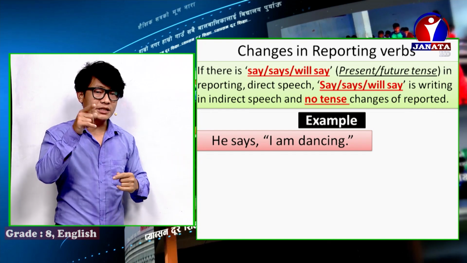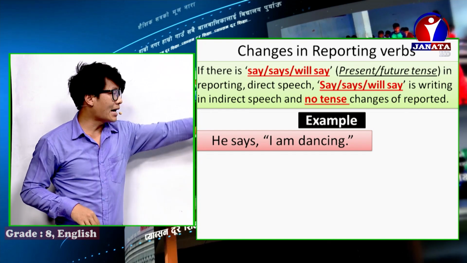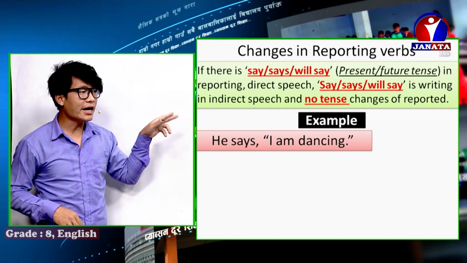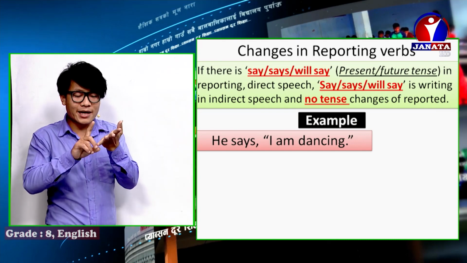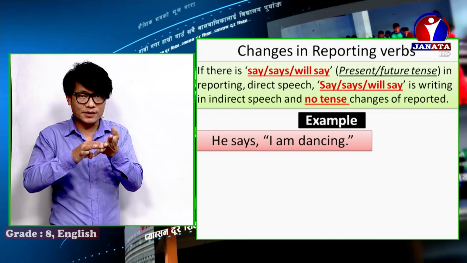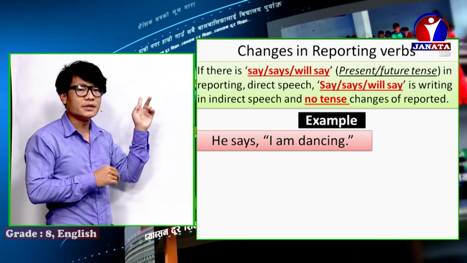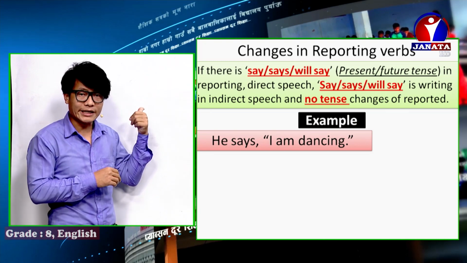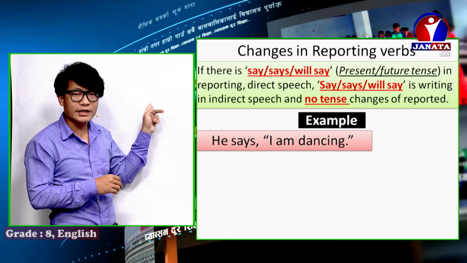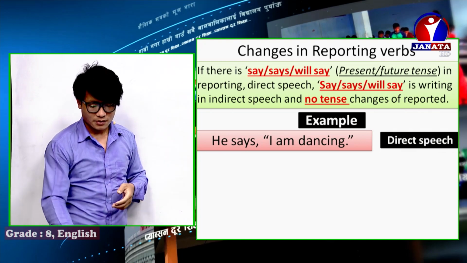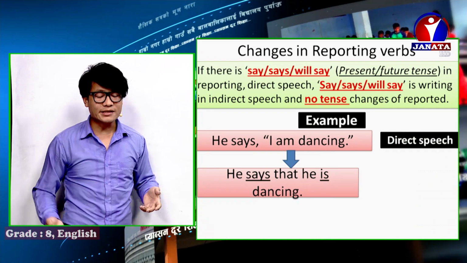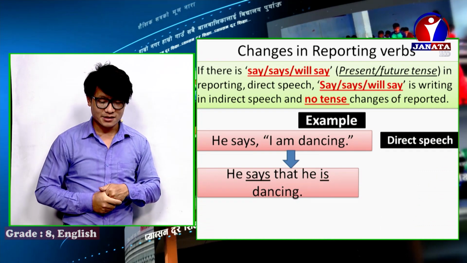But there will be the change of persons. Like I is there, I am dancing. So I and we, these two pronouns should be changed according to the subject. So what is the subject there? He. So I should be changed into he and it becomes he says that he is dancing.